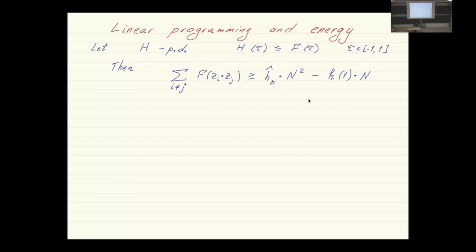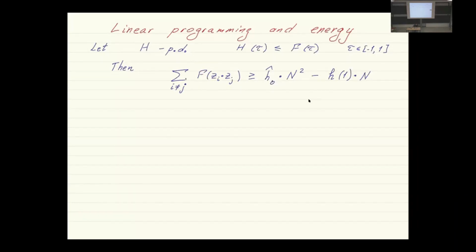It would give you a bound on the energy integral, but also very often this approach is used for functions which are singular at 1. So remember, 1 here corresponds to the case when the two points collide, right? So when they coincide, the inner product is 1. So in this case, you don't want to take the diagonal terms here, so you can use it for singular functions also.